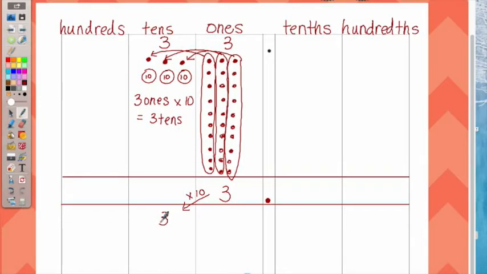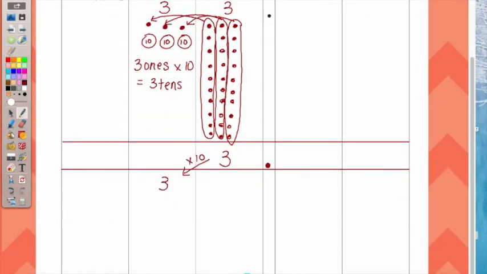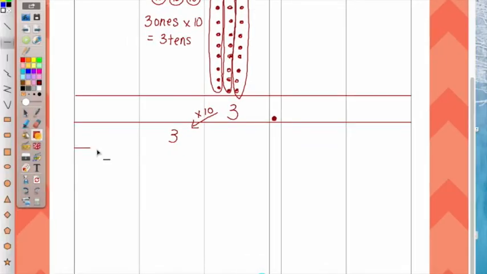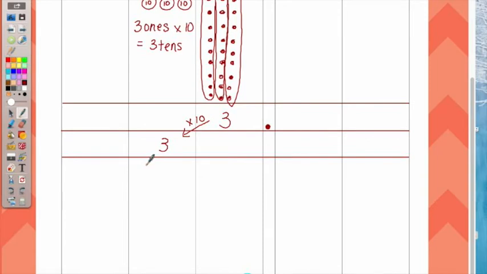Okay, so I want you to draw another line, and we're going to review what division looks like, and then we're going to be done reviewing. Draw a line right here. So let's just say I have 3 tens, and I want to divide by 10.